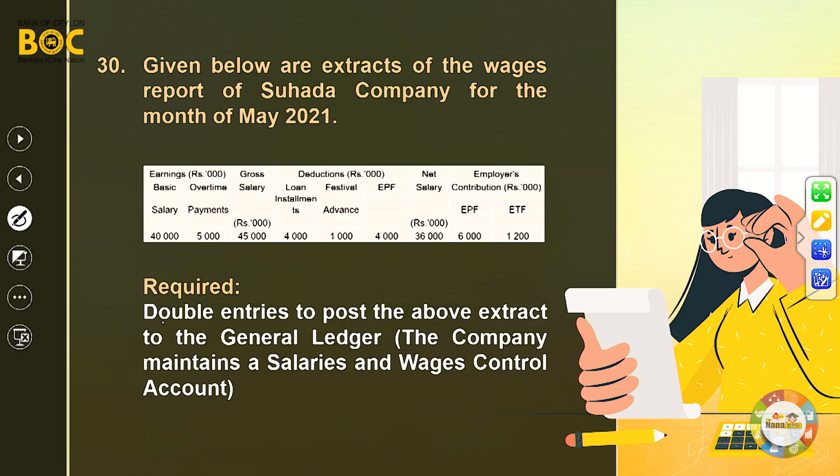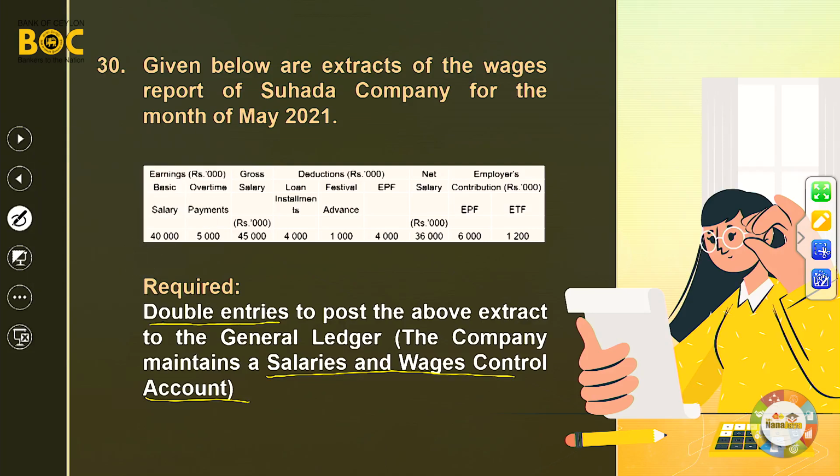Required: the double entries to post the above extract in the general ledger. The company maintains a salaries and wages control account.